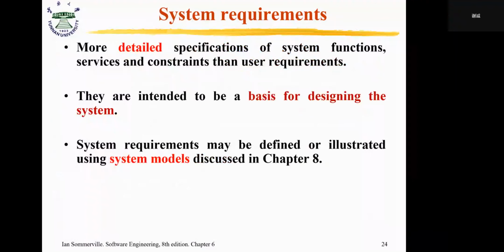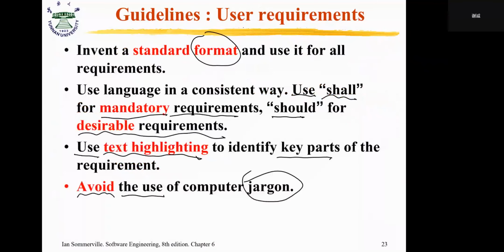Today's class, I will give you some example about the functional requirement, how to use natural language, and how to use the structured language. You know, in the requirement, functional requirement, there are two types. The first type is actually this one, user requirement.